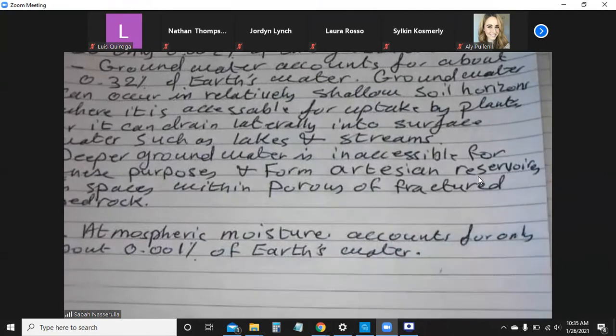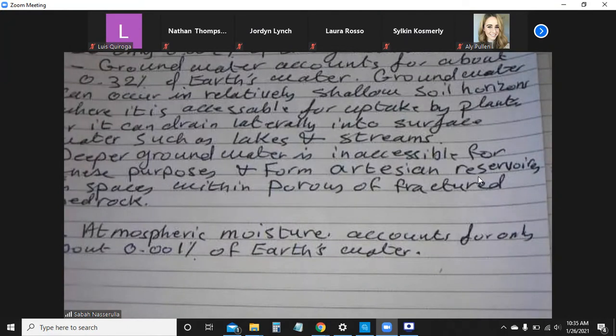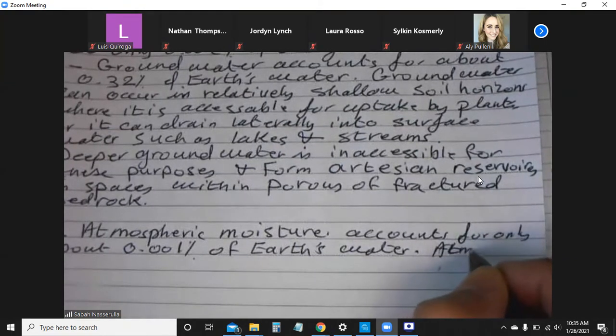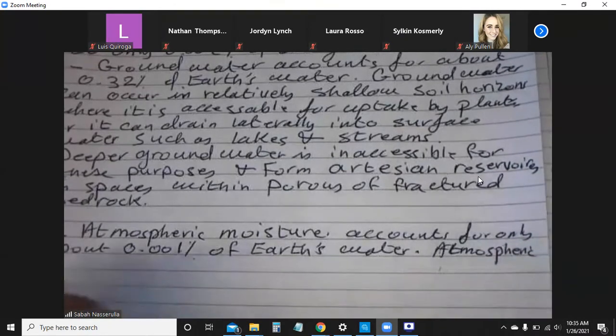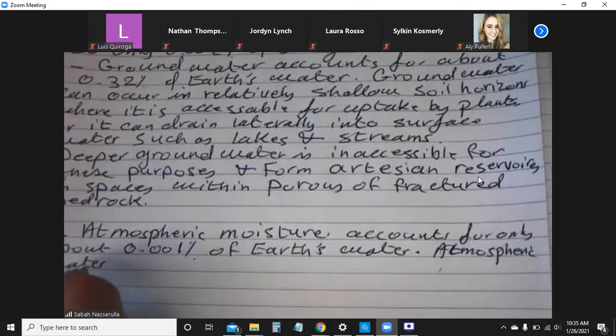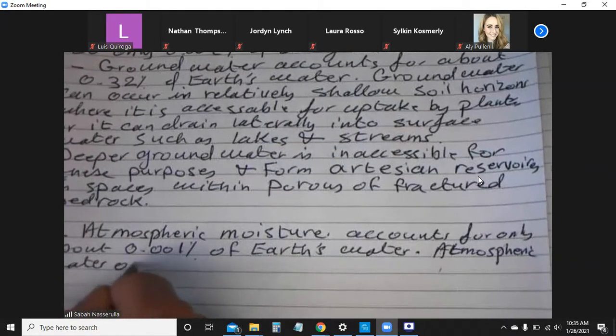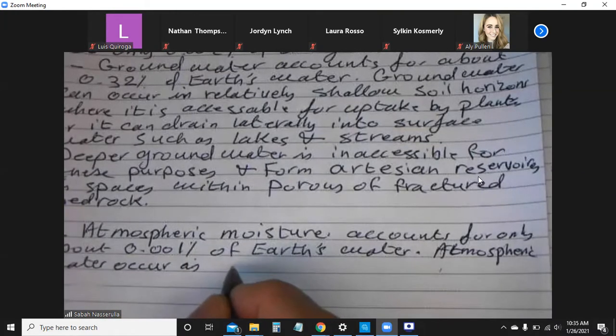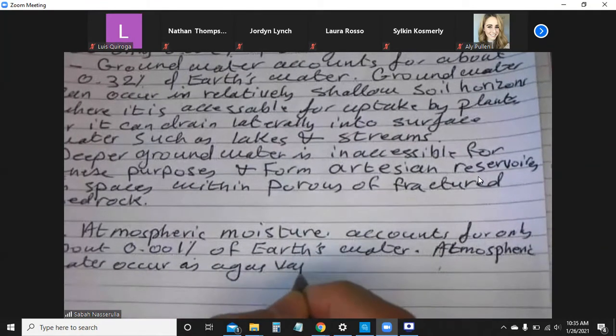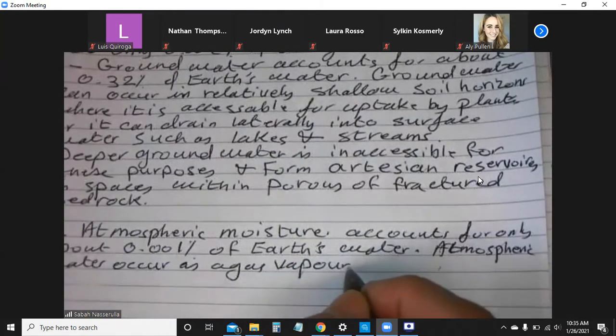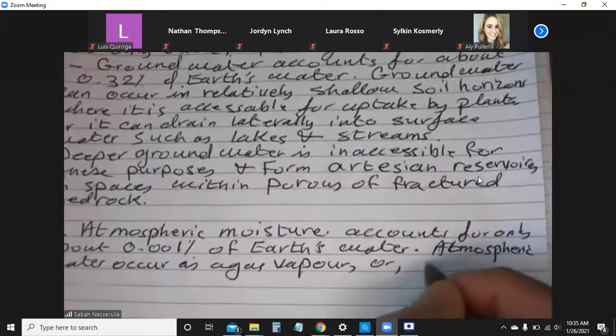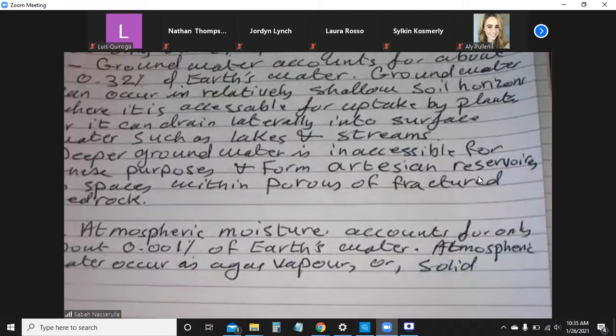Atmospheric water can occur as a gas, vapor, or solid, by which I mean ice crystals.